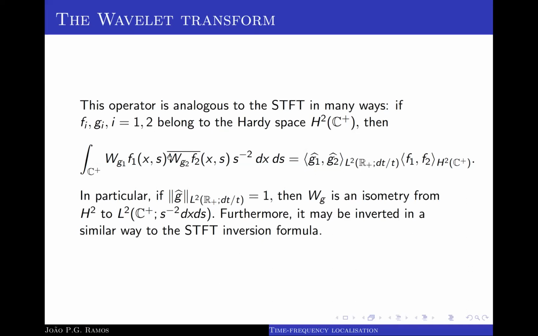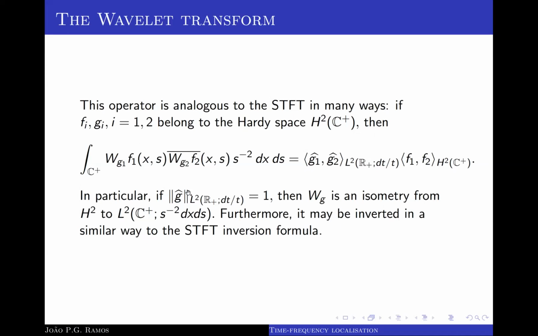For instance, if you take the inner product, but now it's not the inner product on L2 over R2, it's with respect to this hyperbolic measure dx ds over s squared, then you have a tensorization again. You still have the inner product of F1 and F2 in the Hardy space, but then you have the inner product of G1 hat and G2 hat on L2 of the positive real line with Haar measure dt over t.